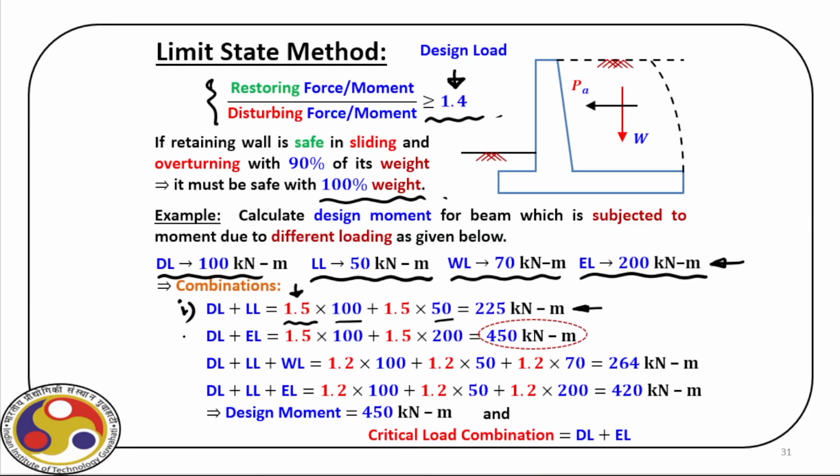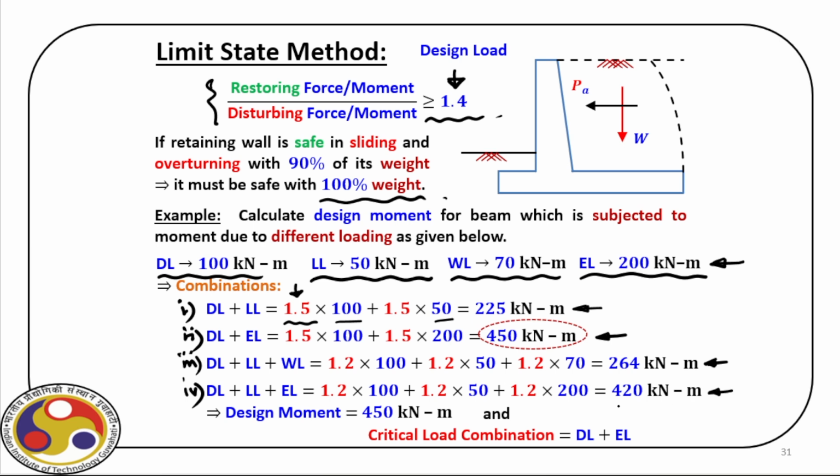Similarly, we have other load combinations, and let us mark them. This is the second load case, then we have the third load case, and then the fourth load case. For the time being, let us consider these 4 load cases. Then for each load case, we find the value of the design moment.